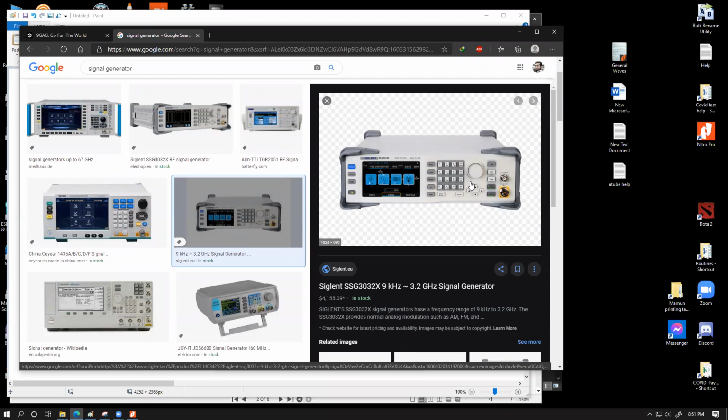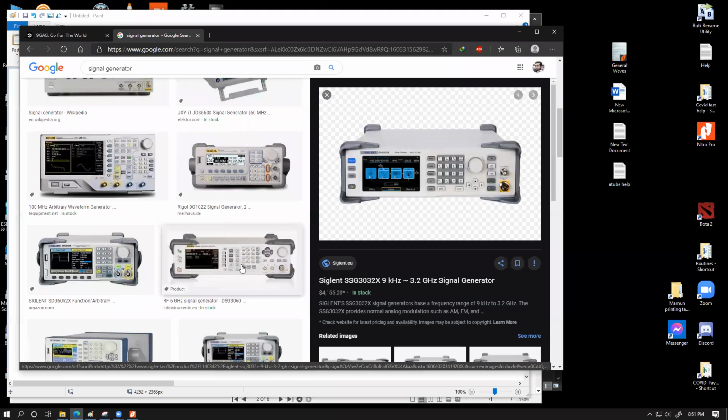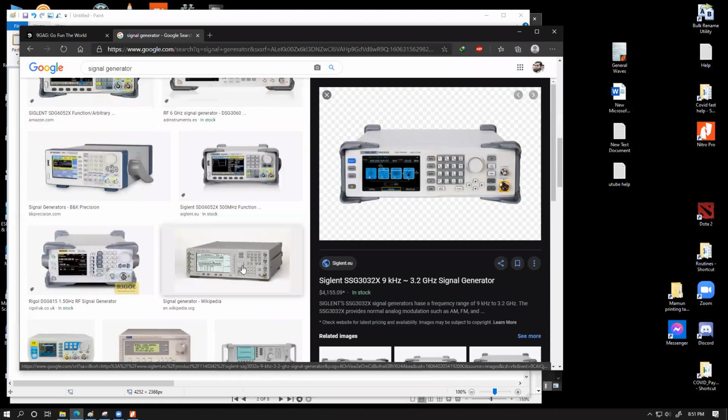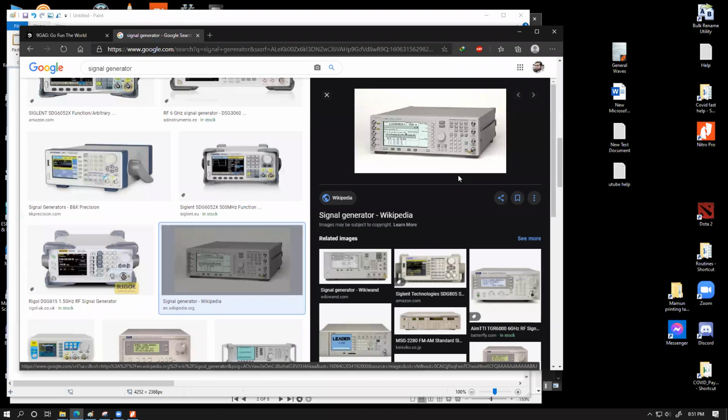You can change the output voltage of this thing. These are the two output ports. I'm not sure how they work because I personally have never handled a signal generator, but what I know is that they can be used to produce this. Actually, we can look up a video maybe to get a better understanding. This thing has a lot of channels to operate, to feed into multiple different things.